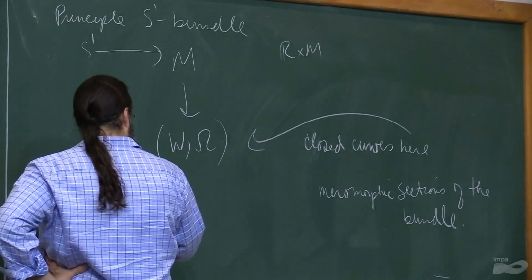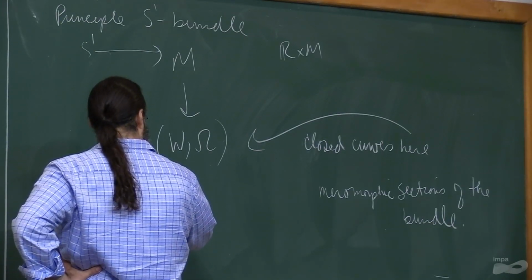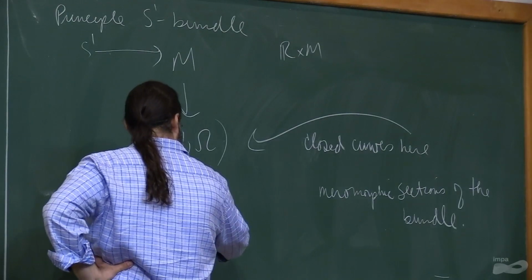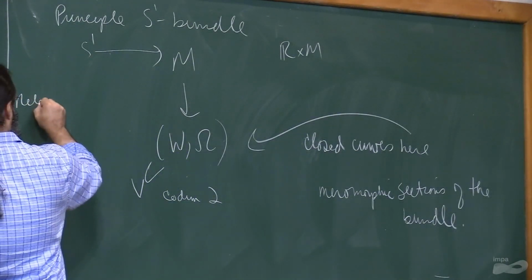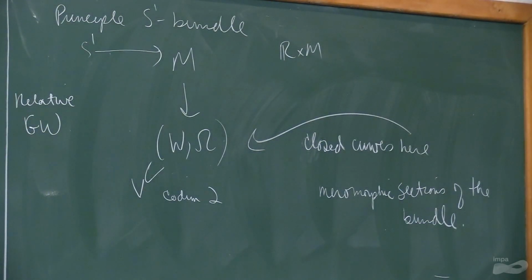So if we have a codimension 2 submanifold V here, there's a notion of relative Gromov-Witten theory which counts things, it sort of ignores curves in the submanifold, modulo the problem that you can't completely ignore things in the submanifold, because in compactness, things that don't live in the submanifold could lose pieces into the submanifold. So I'm ignoring a lot of technical detail that I don't want to talk about.